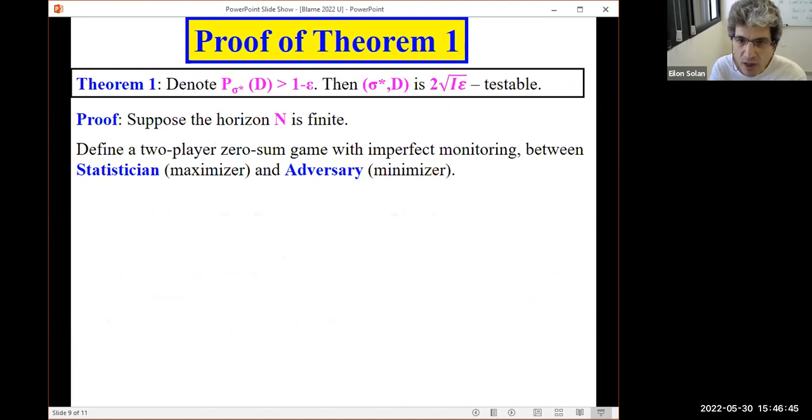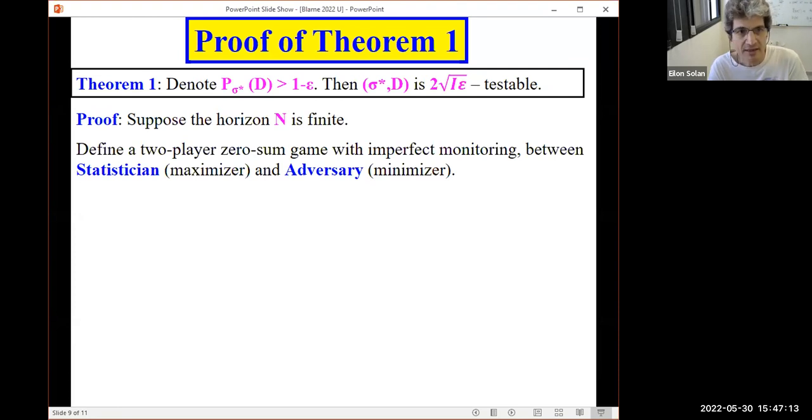And we are going to define an auxiliary two-player zero-sum game with imperfect monitoring. And actually, it is going to be a one-shot game. And it will be between a statistician who is supposed to identify the deviator and an adversary who is essentially the deviator.